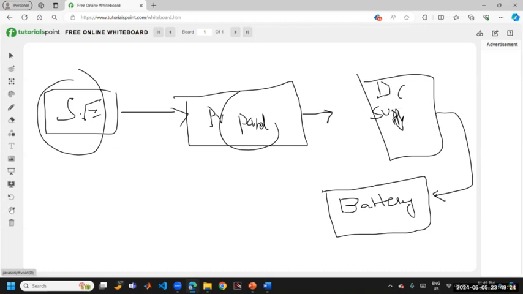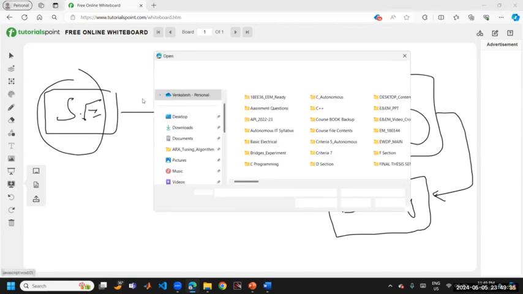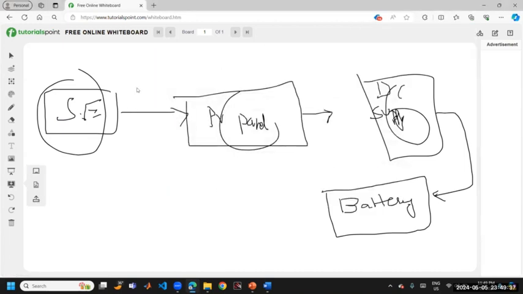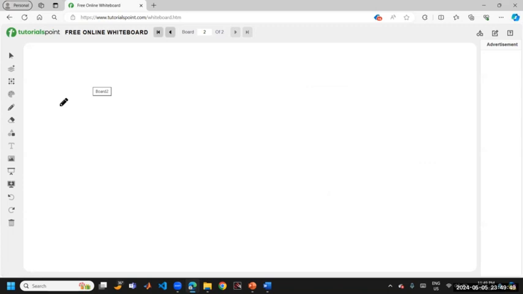So what do you say about the indirect method? Coming to the indirect method, here there will be solar energy. It contains more heat.